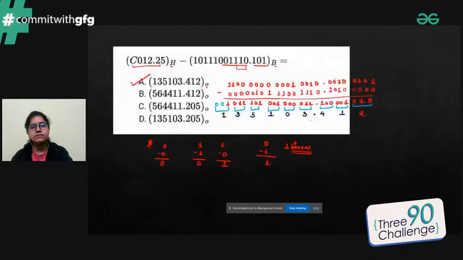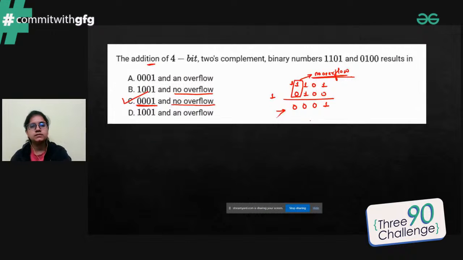So here itself the answer is C. We will have confusion between B and C because no overflow is given in both. But with this result, it is very much sure that our answer C is correct. Yes, very good. Let's move on to the next.